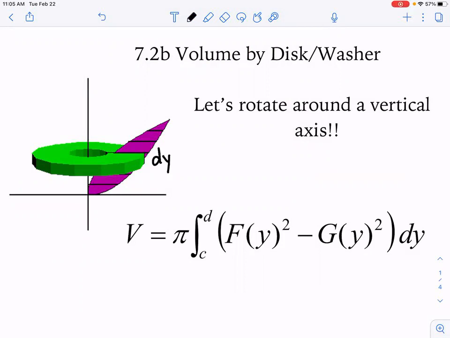Okay, so now we're going to rotate about vertical axes today. We'll start by rotating about the y-axis. And when we do that, we are going to have to integrate with respect to y. Our outer radius is going to be an equation in terms of y minus our inner radius, an equation in terms of y.